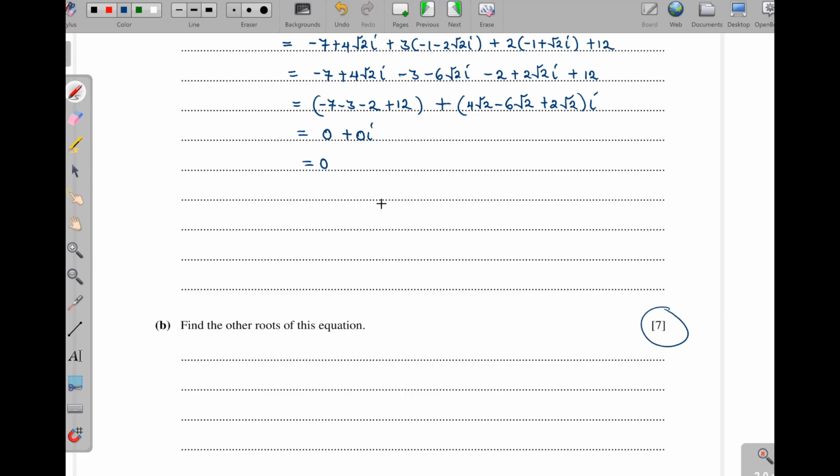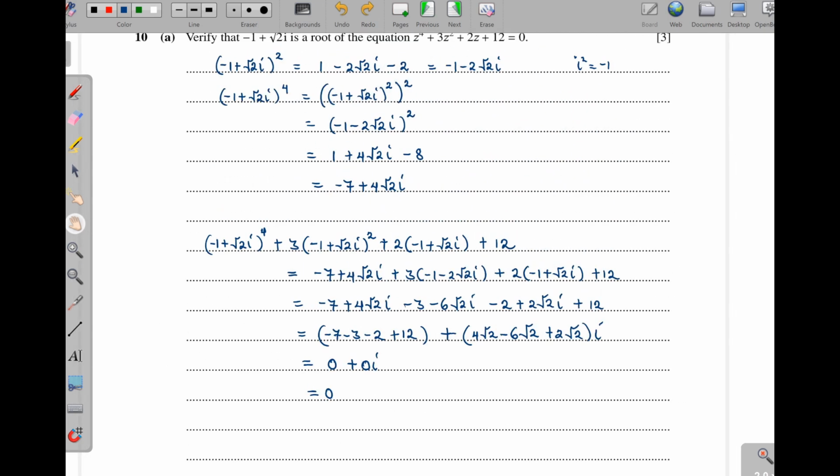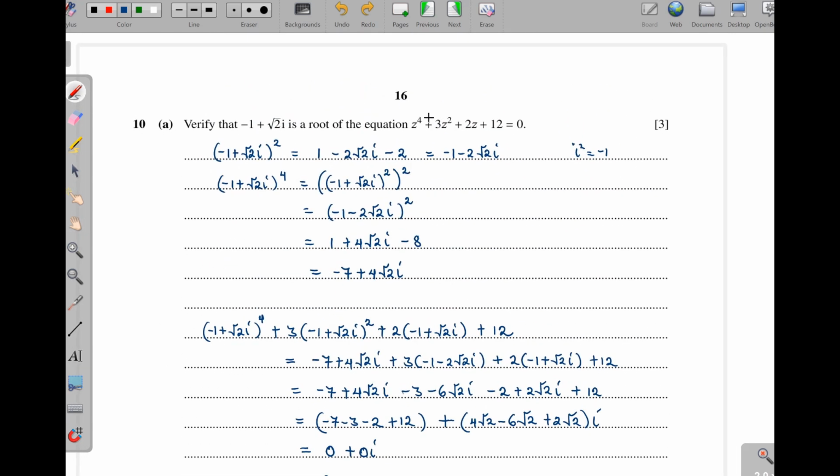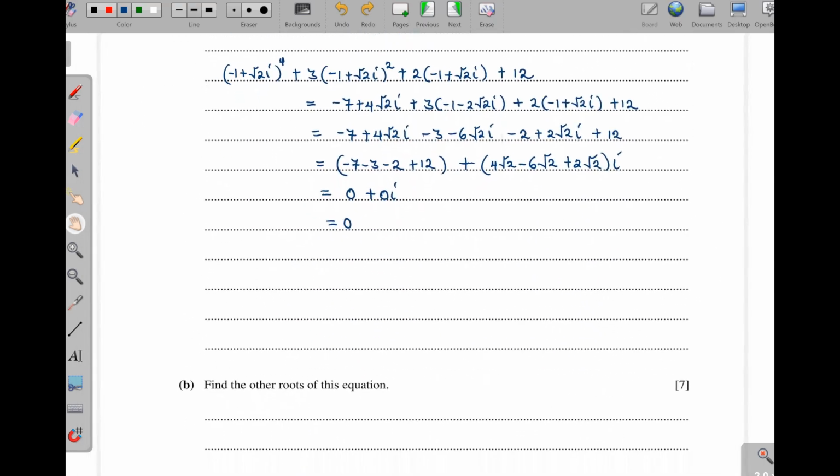This is 7 marks. Now, if this one here is a quartic equation, we are expected to get 4 roots. But now, since we are having this one as a complex root, this one does not move alone. It moves with its complex conjugate. So, if this one is a root, then its conjugate is also a root.